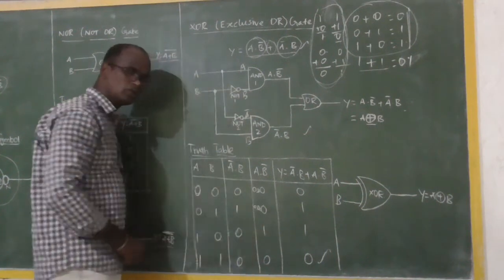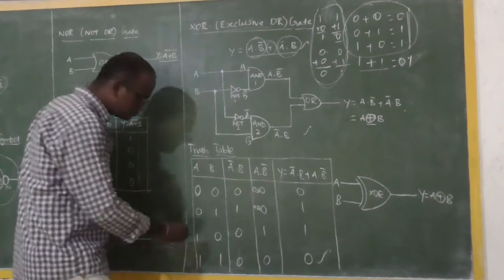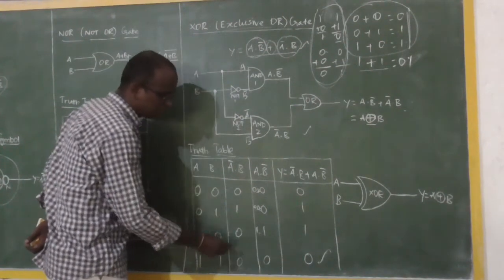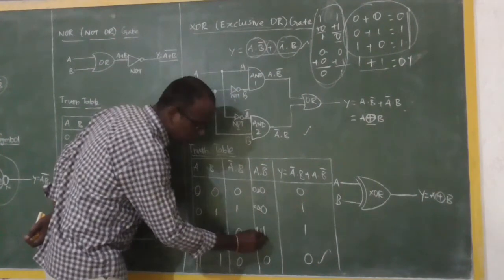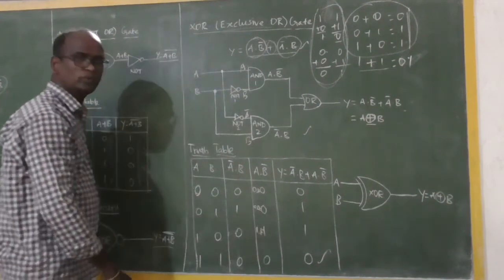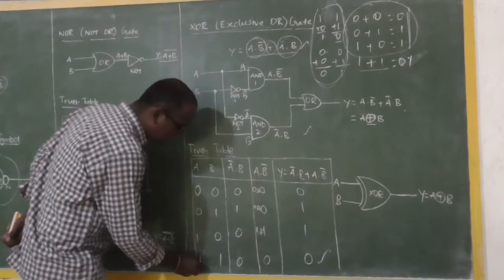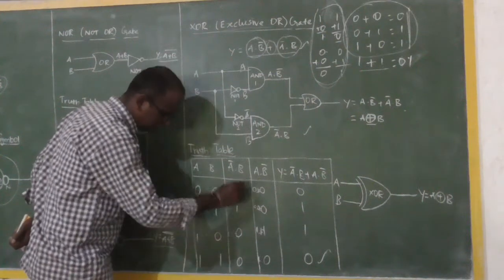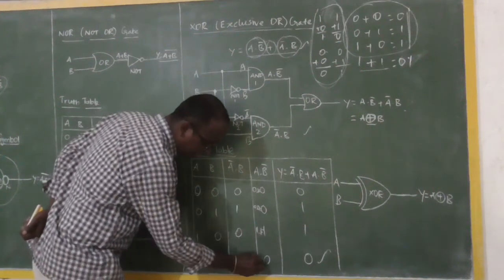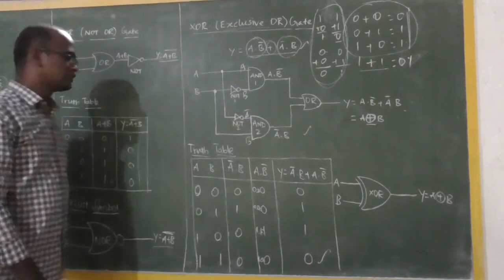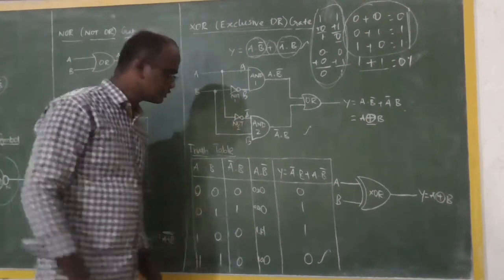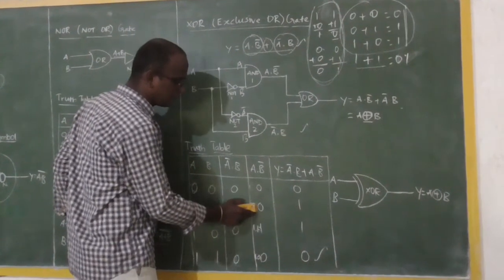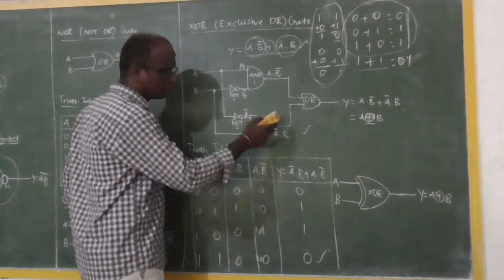So the output is 0. Next, A is directly applied, that is 1 dot, B is complemented, so it is 1. So 1 dot 1 is equal to 1. Next, A is directly applied as 1. Then B is complemented, so 1 will be complemented as 0. Therefore, the result becomes 0.